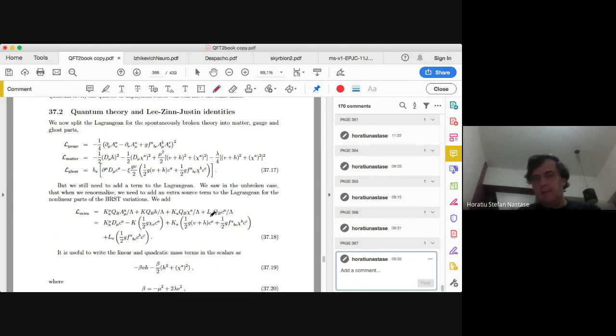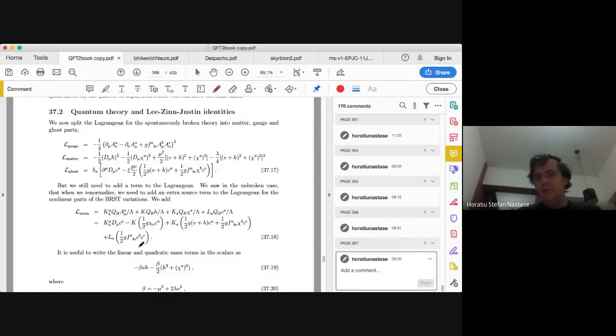And then finally, LA multiplies QB on C. But QB on C has two C's, so it's C times C. In order to cancel the ghost number of C, I have to add something like 2 B's, right?